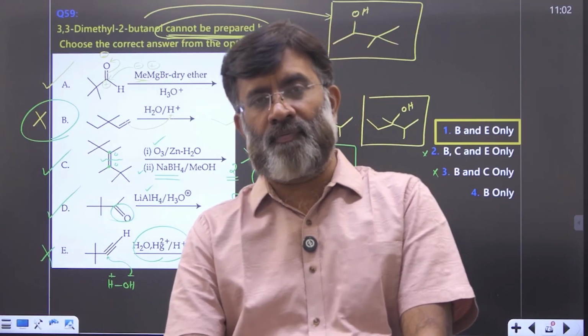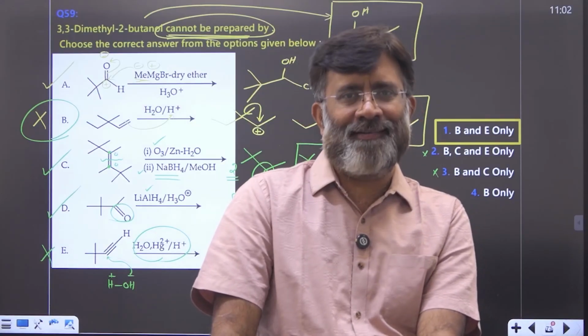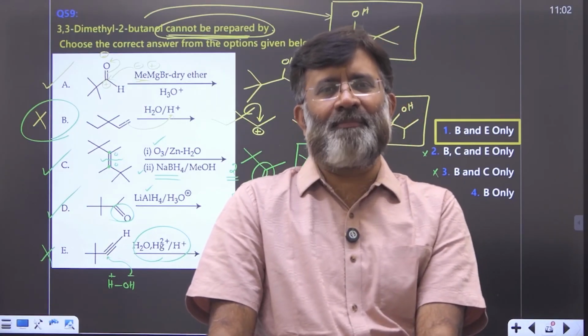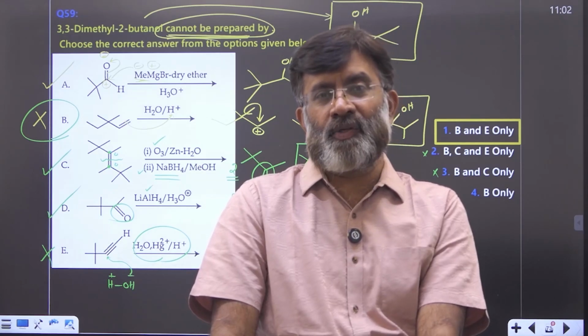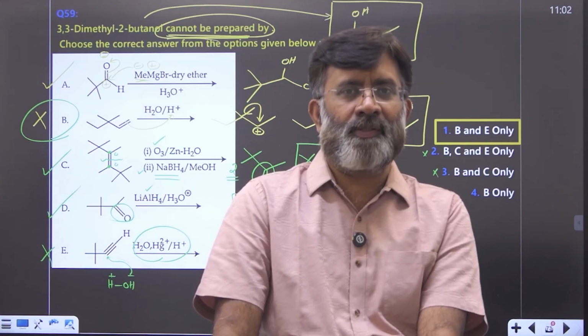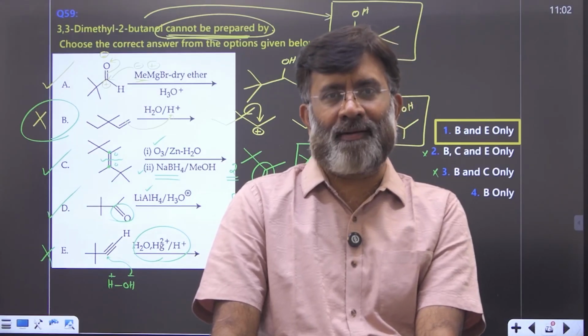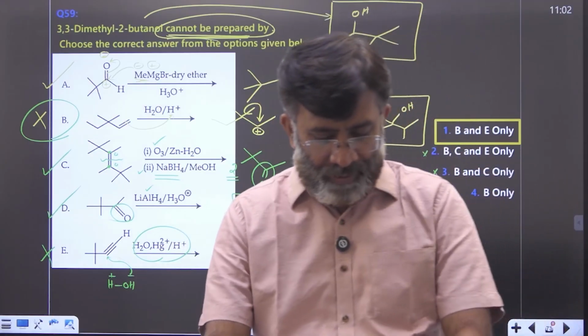That's why we say always keep an eye on the options and avoid unnecessary exercise in the exam hall, because time matters. Okay, fine. Let's go to the next question.